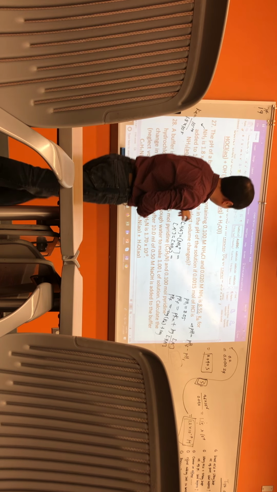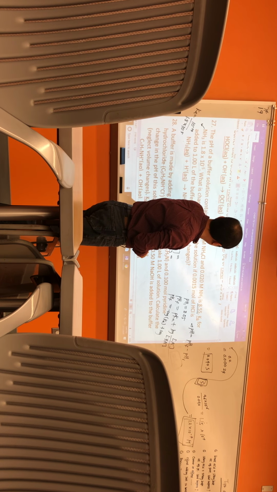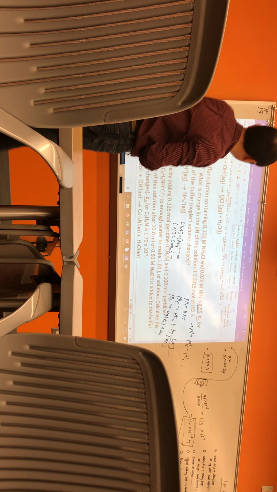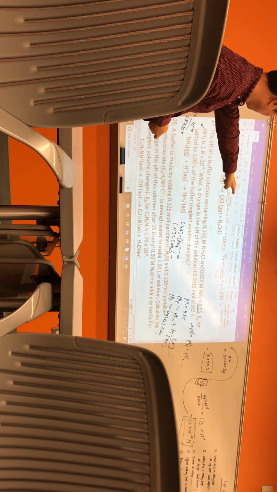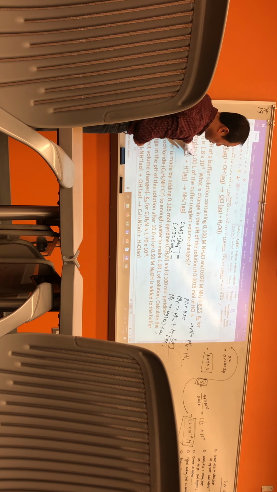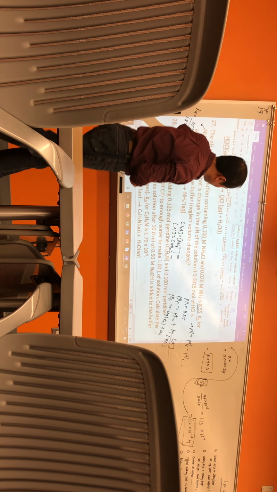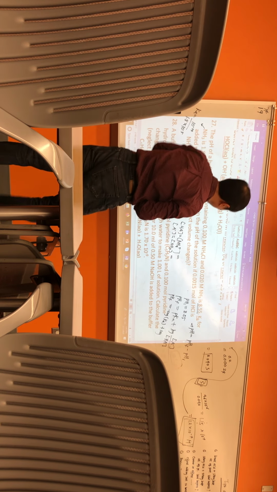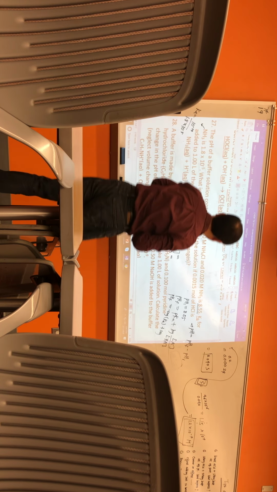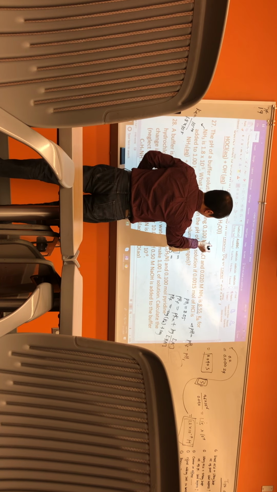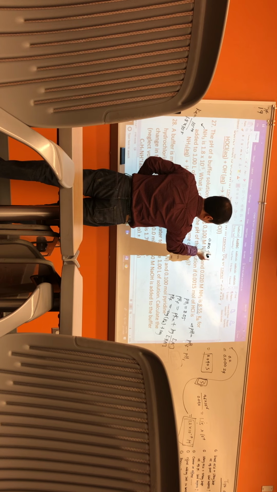The amount of ammonium we have is 0.1 molar and the volume is just 1 liter. Volume doesn't change, so we can still call this 0.10 mole.